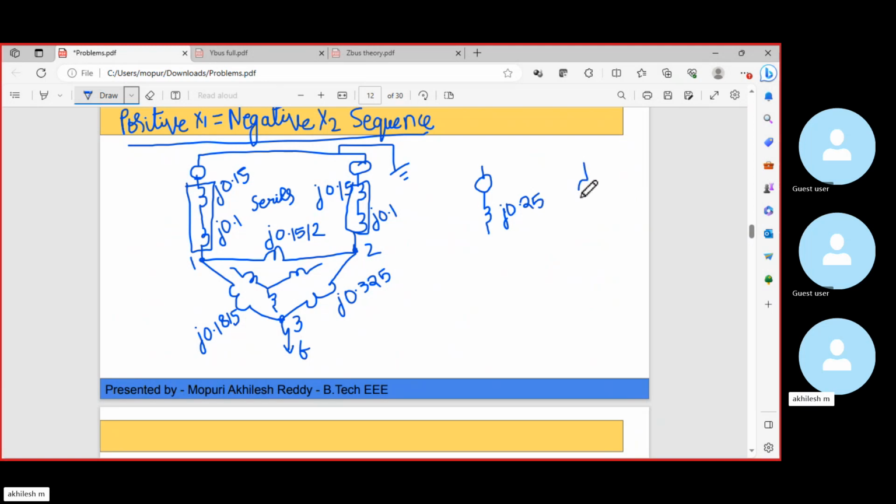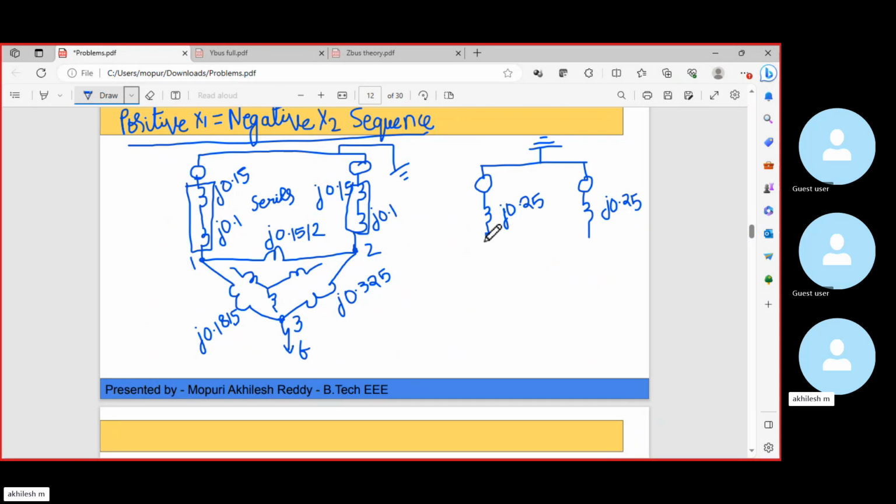Here it is J0.25, J0.25, and J0.25. The other end of the generator is grounded, so we can connect this to a common ground.